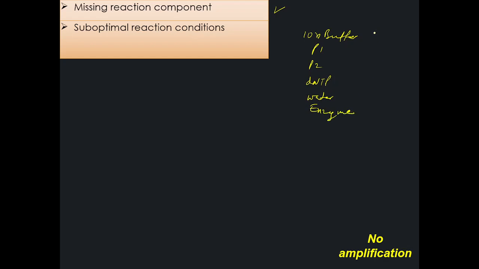Whenever I set up a PCR reaction, I follow a sequential order, with the enzyme added at the last, and I check mark that yes, I added buffer, I added the primer, I added the dNTP, I added the water, and I added the template, because that is what is required, and then I added the enzyme. Then I check that my reaction condition in the PCR machine is perfectly all right or not.